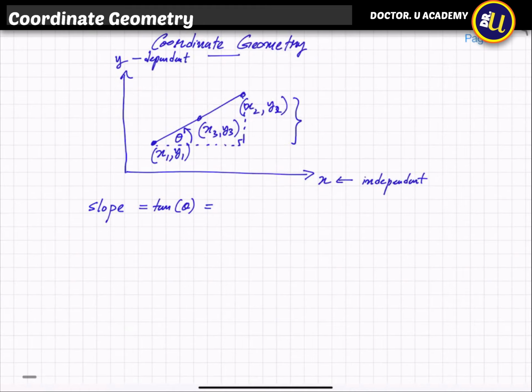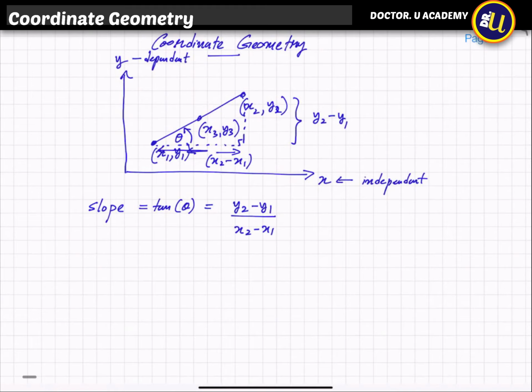So it's going to be y2 minus y1, and this bit would be x2 minus x1. That's why you get y2 minus y1 divided by x2 minus x1. So this is the slope.